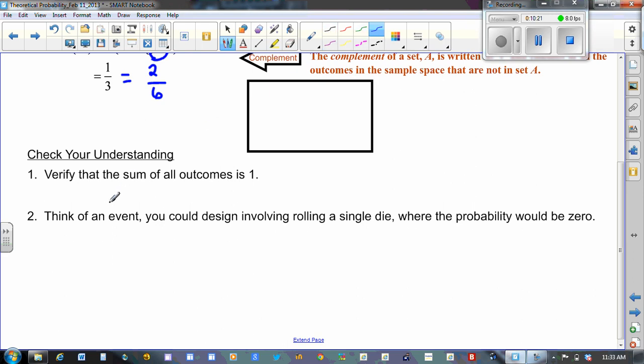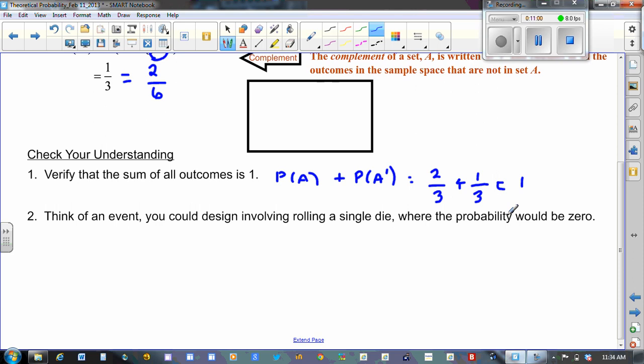So the first one says verify that the sum of all outcomes is 1, or that is, the probability is 1, is how that should read. So if we're going to do that, then we're going to take the probability of event A, we're going to add on the probability of the complementary event, and we'll take 2/3, and to that we'll add 1/3, and we end up with 3/3, which is equal to 1.